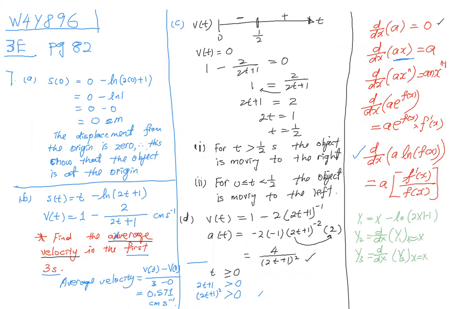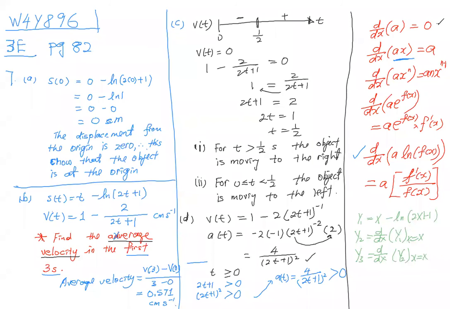So then you put your a(t), which is a positive value, divide by another positive value. So what is your conclusion for this? The acceleration is always positive.